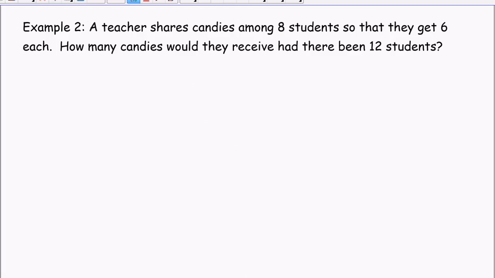Here's another example. A teacher shares candies among 8 students so that they get 6 each. How many candies will they receive had there been 12 students? So what we have here is that 8 students get 6 candies each.